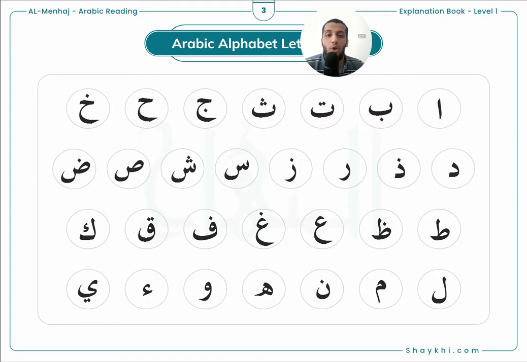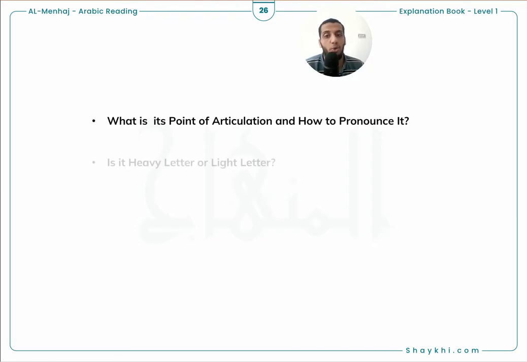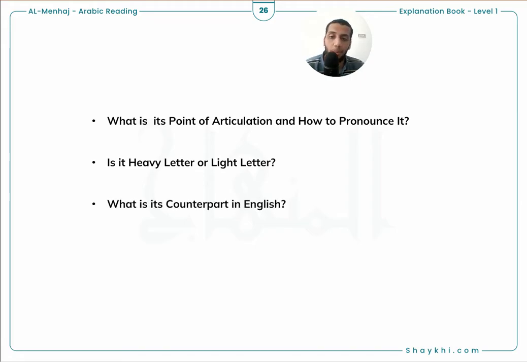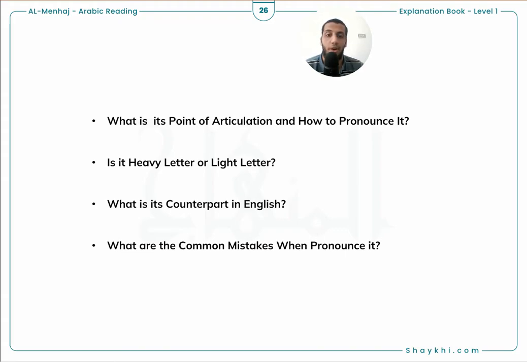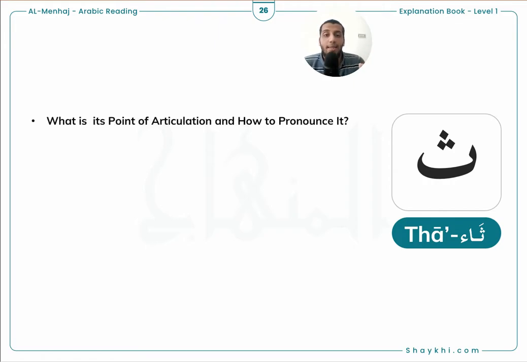As we know, we discuss the letters through 4 questions: the point of articulation, how to pronounce it, whether it's heavy or light, the counterpart of this letter in English, and lastly the common mistakes when pronouncing this letter. So, what is the point of articulation of letter th and how to pronounce it?